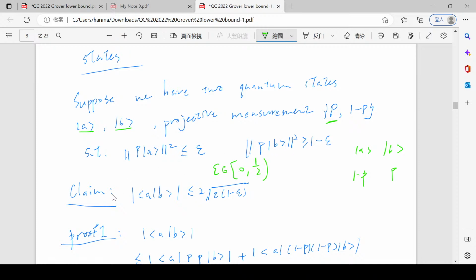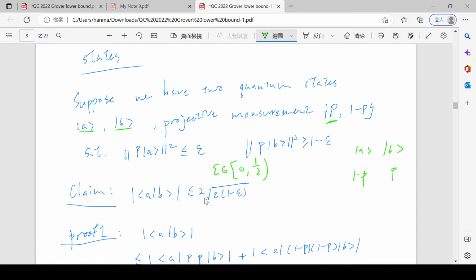And anyway, the inner product between A and B should be upper bounded by this function of epsilon, that's 2 times square root of epsilon times 1 minus epsilon.